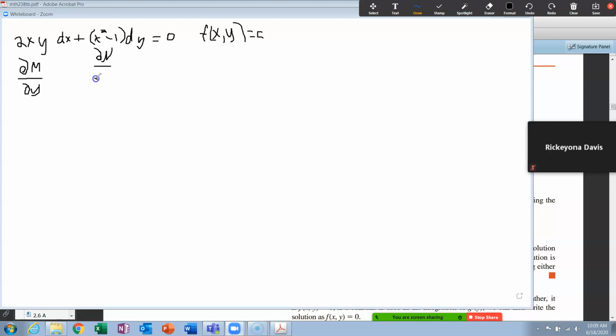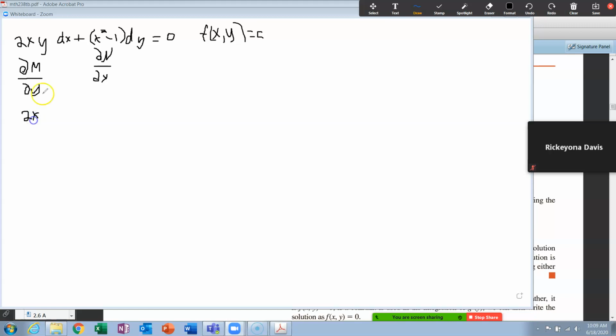Okay. This is the partial. You take the partial of this now with respect to the other variable, x. So let's do this. Partial of M with respect to y: treat the x as if it's a constant, and that would just simply be 2 times that constant x, right?